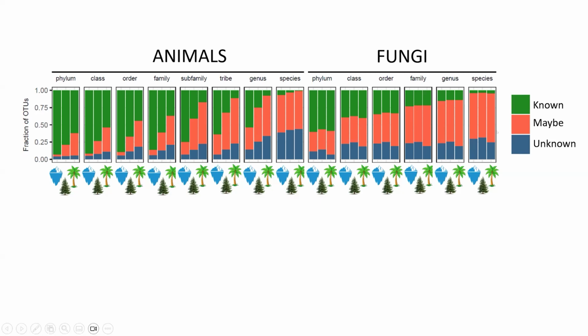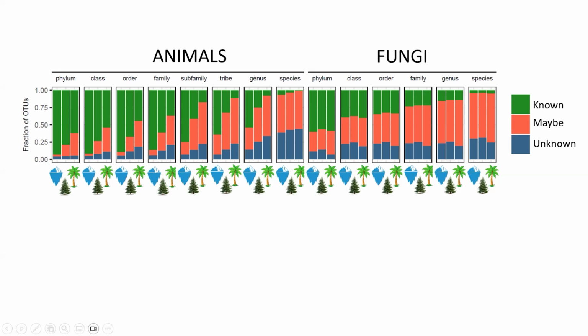And we find that for fungi, it's very similar across these climatic regions. Very few species correspond to anything that we can say for sure we have seen before. Most things are either reliably unknown or most likely unknown.